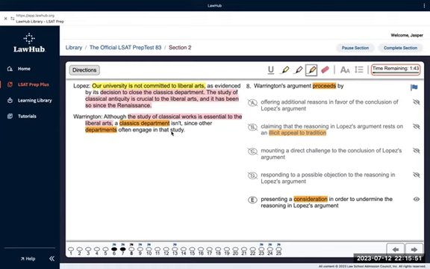Okay, so the consideration being this, that a classics department isn't necessary for the study of classical works or for liberal arts, because you could study classical works in other departments, and presents that consideration in order to undermine the reasoning in Lopez's argument. Yes. So Warrington is definitely suggesting that Lopez's argument isn't solid. So that's the answer.